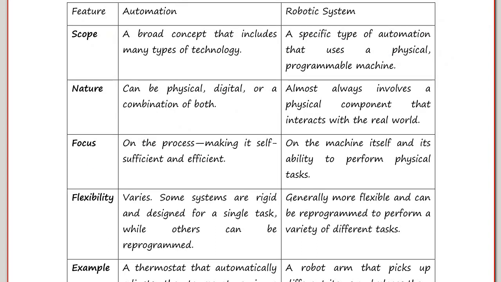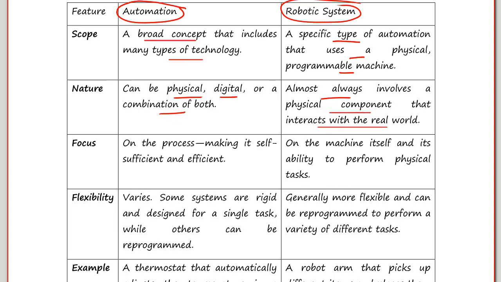So, if I make a concise comparison, then it will be like this. Automation is a broad concept that includes many types of technology, whereas a robotic system is a specific type of automation that uses a physical programmable machine. So, automation can be physical, digital, or a combination of both, whereas a robotic system mainly involves a physical component that interacts with the real world.